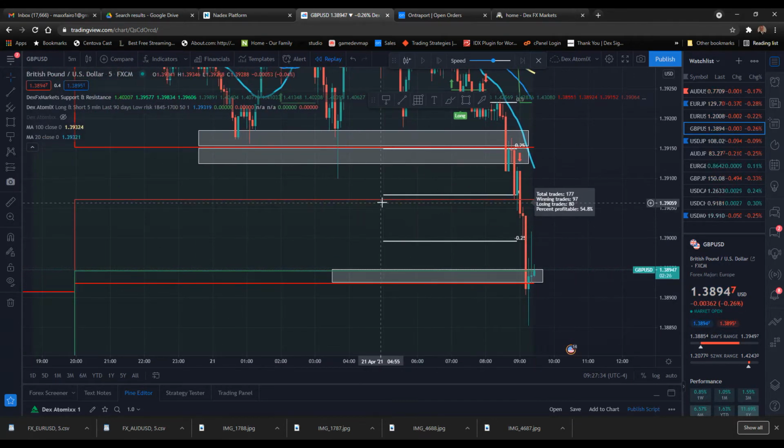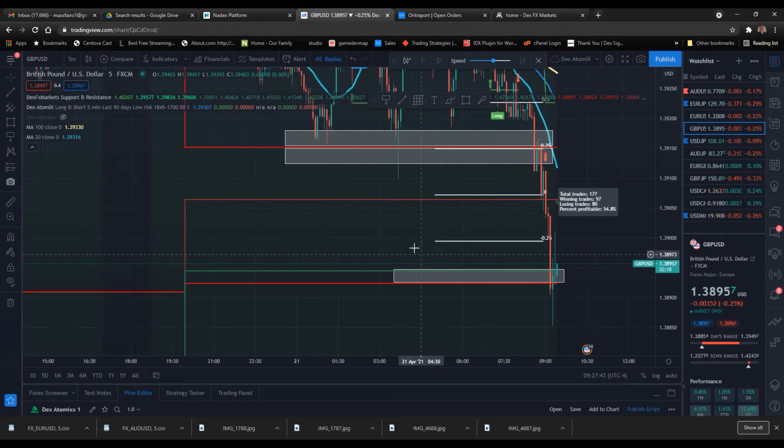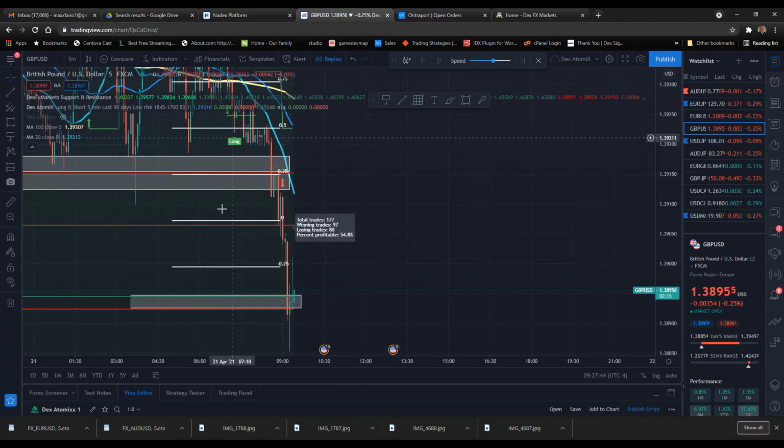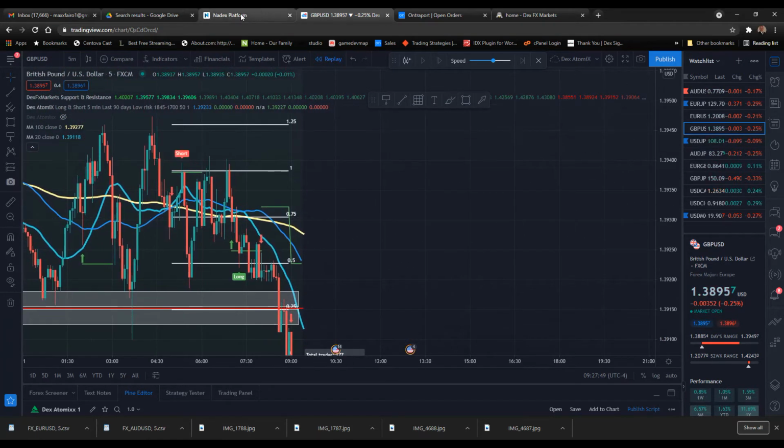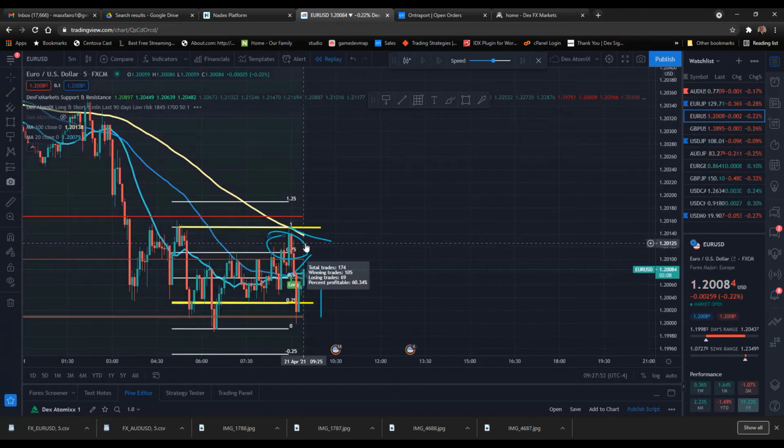We have another one that battles right there. And this line was here when we started this morning. See? And it also creates a zone. You have to be able to look in here and see the different levels. Let's go back over to the Euro USD and draw that out. Get rid of some of this.